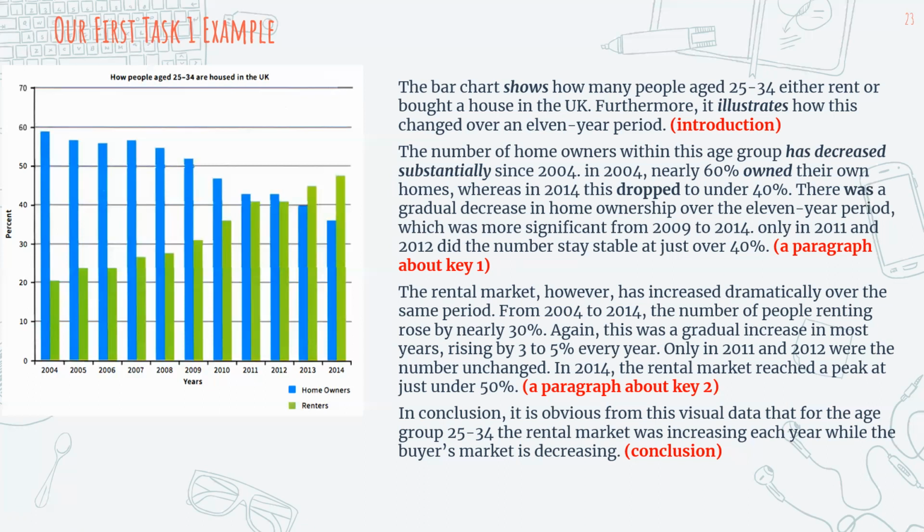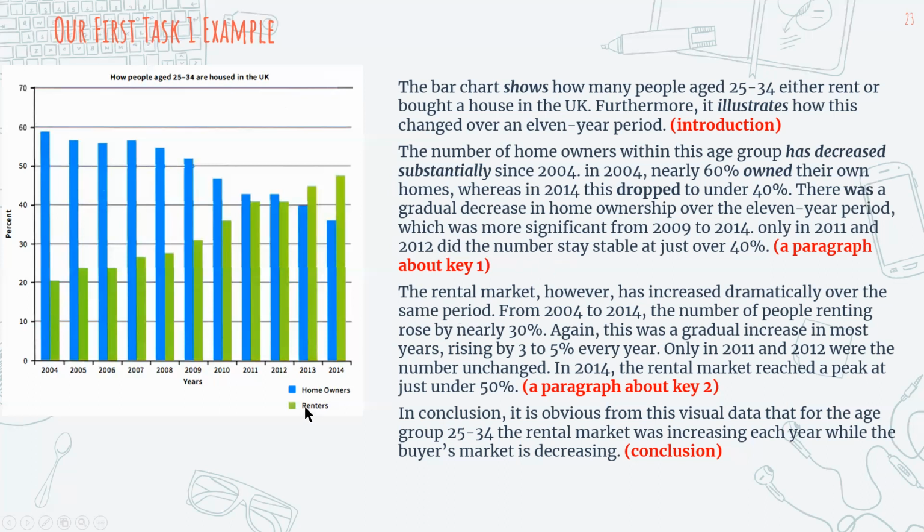In an ordinary sentence, you start with the subject, then the verb. So you can think of "only" as having the same structure as a question: you say "only did the number," not "the number did." So this was the first paragraph.